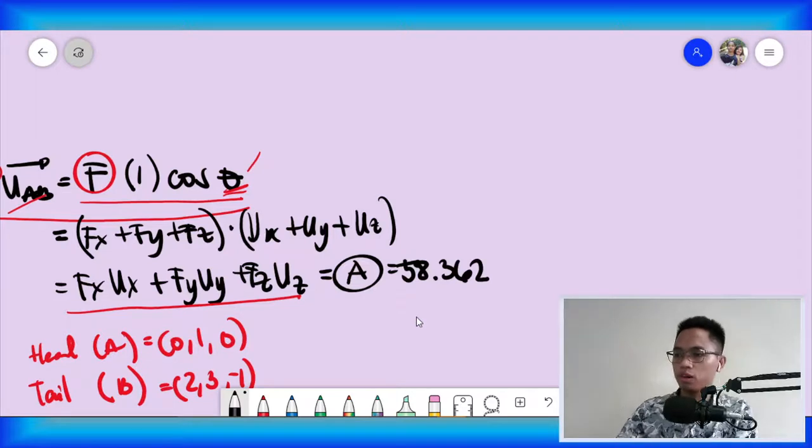This would be equal to A, which is 58.362. Now, to solve for theta, we equate the magnitude of F, which is 80 pounds, then the magnitude of the unit vector is 1. Then cosine theta.